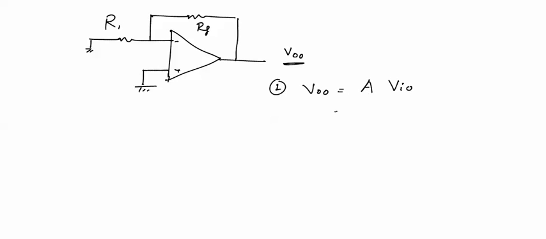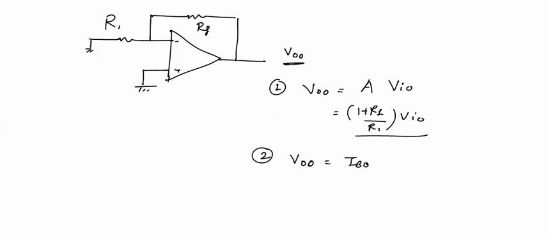Here the gain will be equal to 1 plus RF upon R1 and will be multiplied with VIO. Second, the output offset voltage is defined because of input bias current, and this output offset voltage is equal to I bias into RF, this resistance RF.